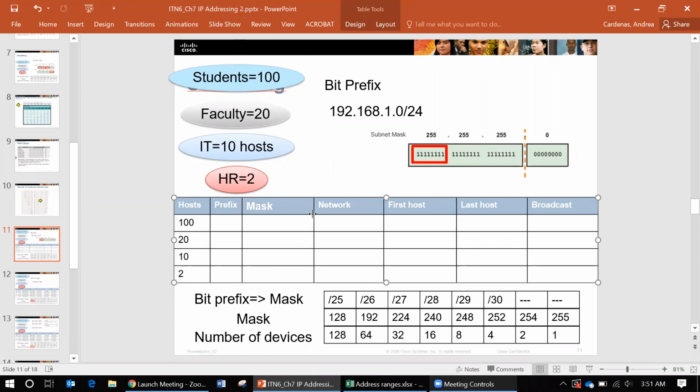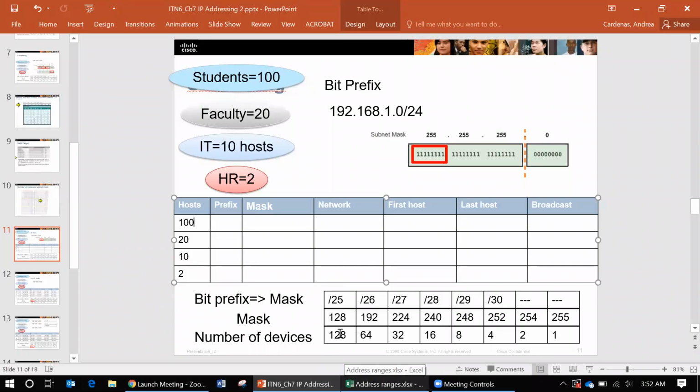Then we look at the chart down here, and you see that you have 100 hosts, and you need 128 if you use a /25, so that is actually a good bit prefix to use.